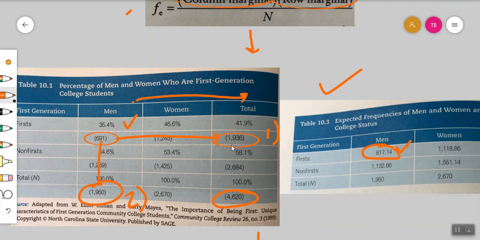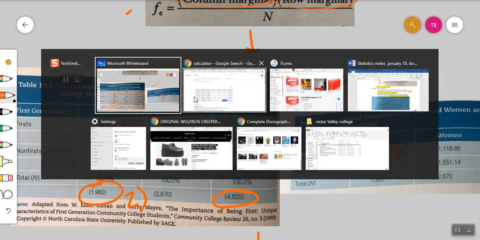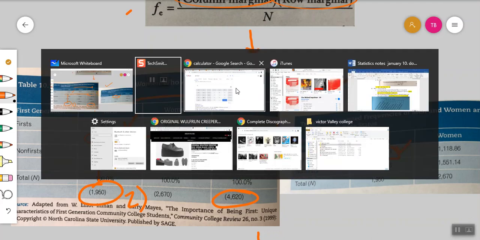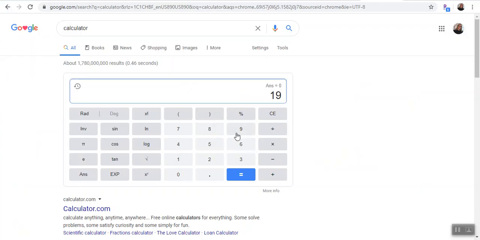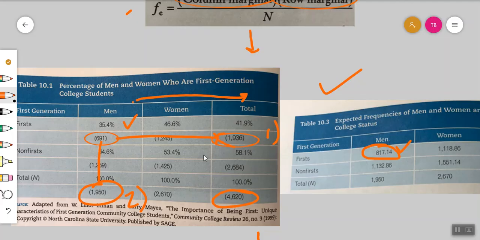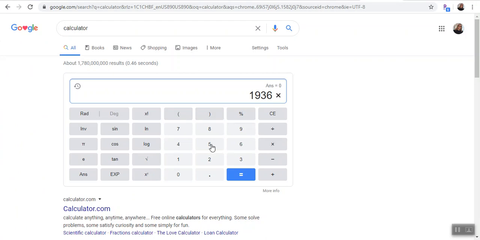So let's go ahead and do that. So we're going to go ahead and take this one, the 1936. I have my Google calculator open here. 1936. And we're going to multiply it by the 1950 down here, number 2, times 1950 equals.